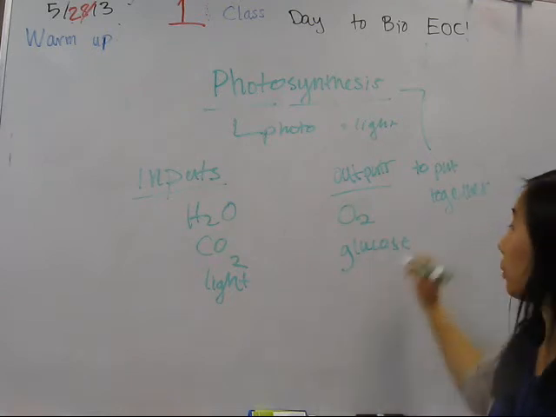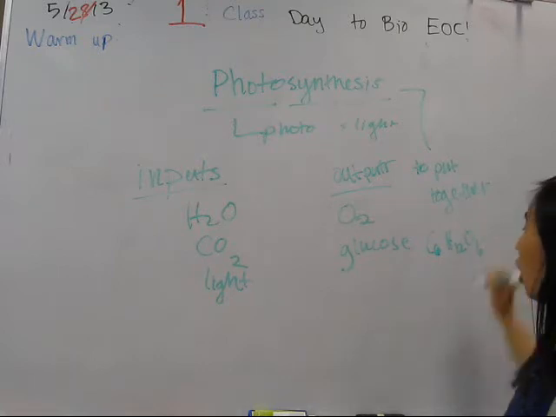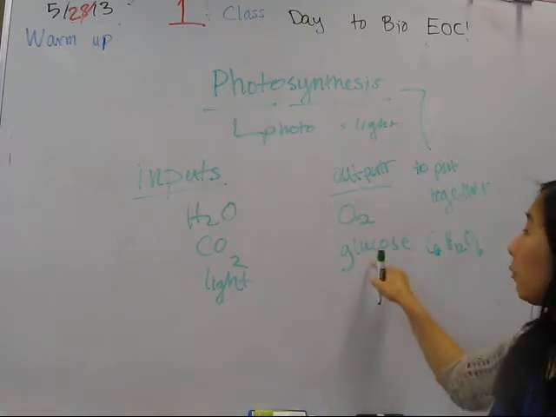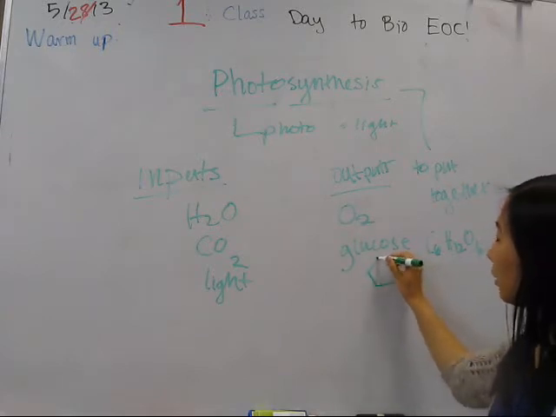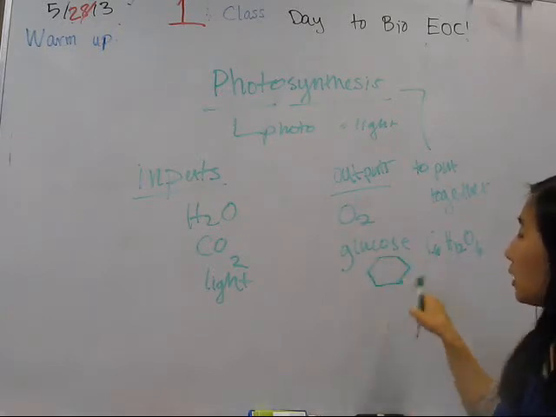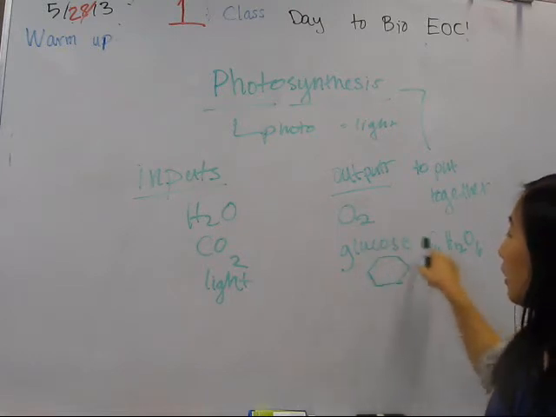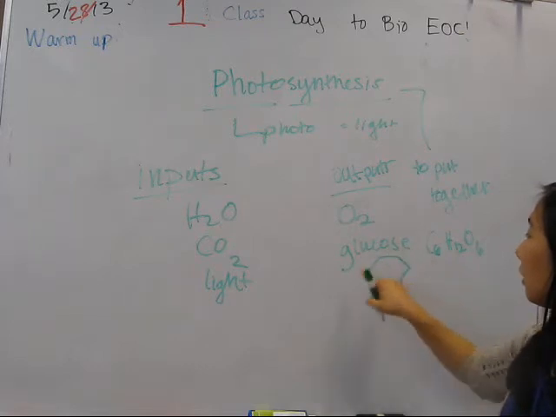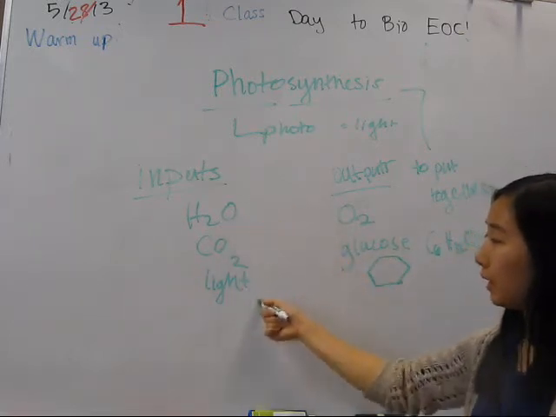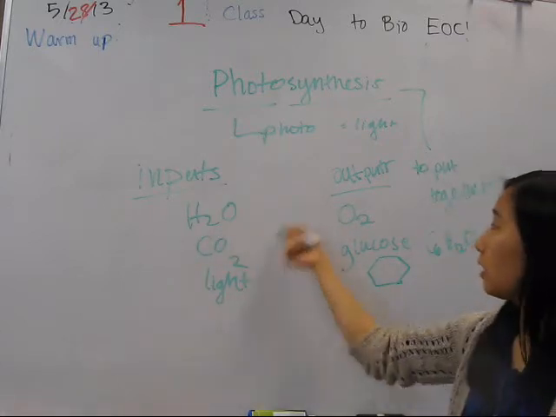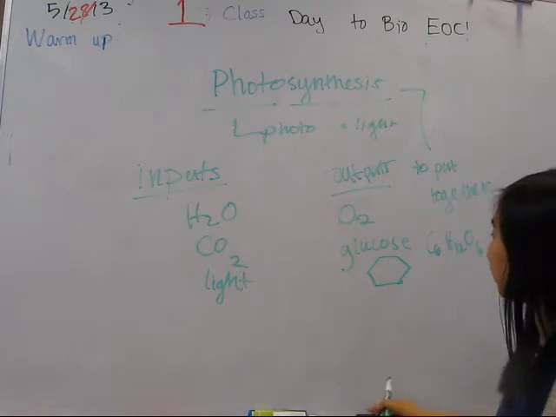Glucose has a chemical formula, C6H12O6, and you'll frequently see this represented with a hexagon shape, because it represents the 1, 2, 3, 4, 5, 6 carbons that form a ring to form glucose. So this is what the plant needs in order to do photosynthesis, and this is what the plant produces at the end of photosynthesis.